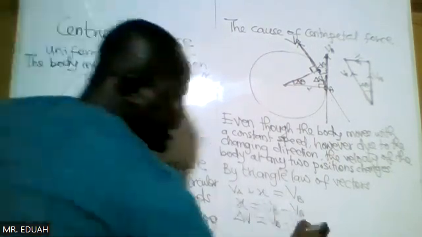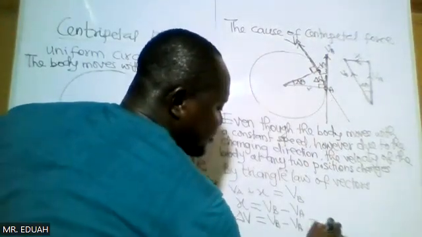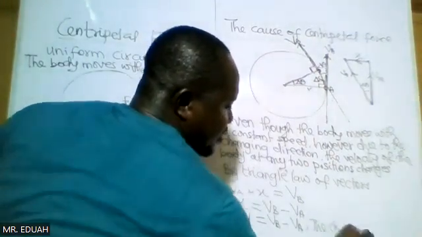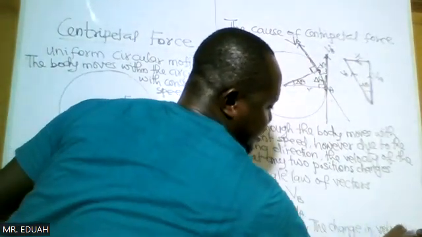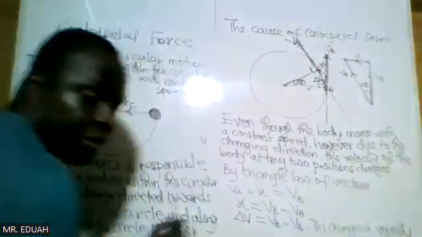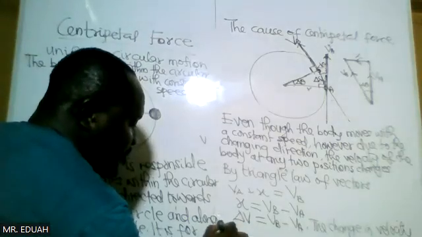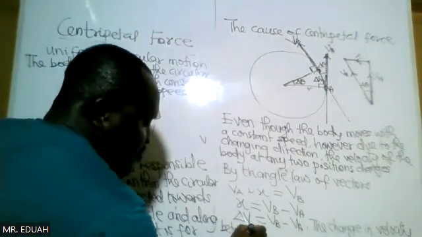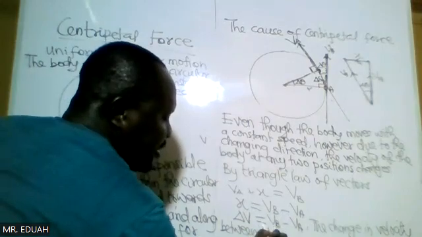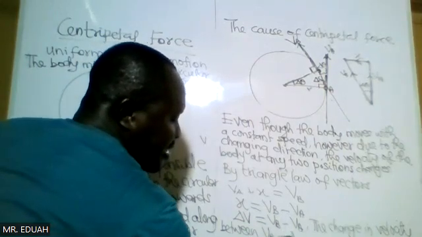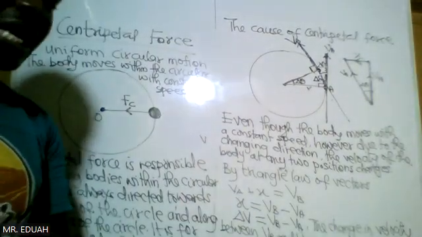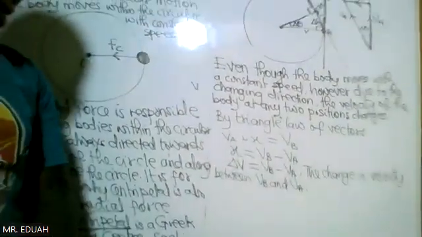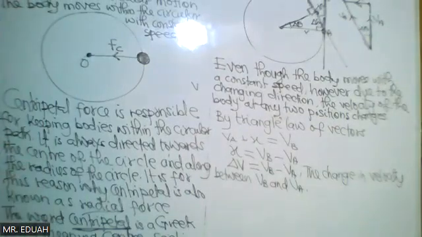That's the meaning of VB minus VA: the change in velocity between B and A.